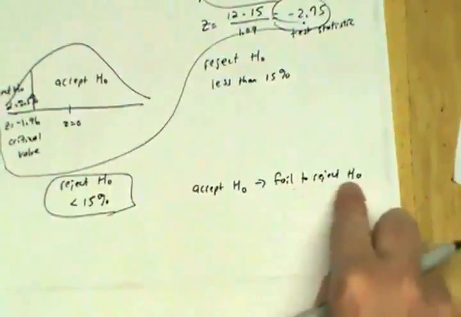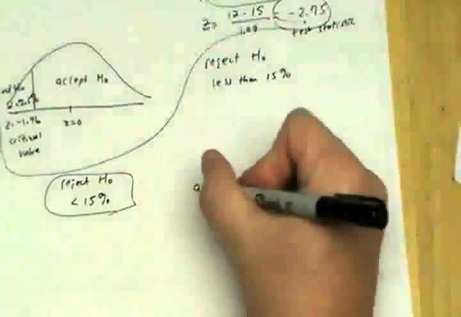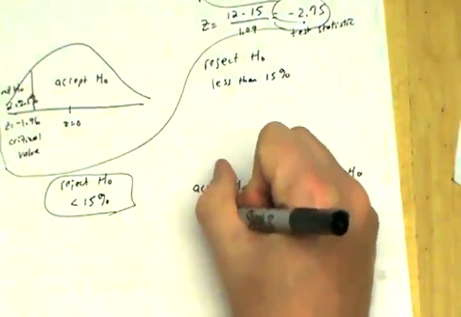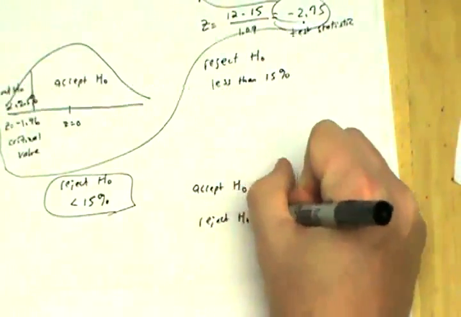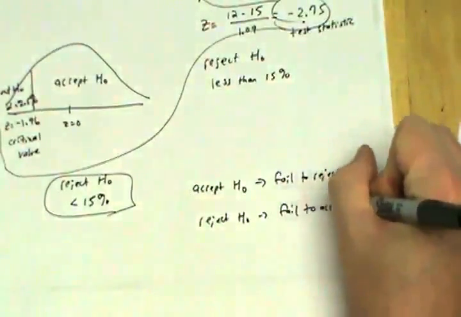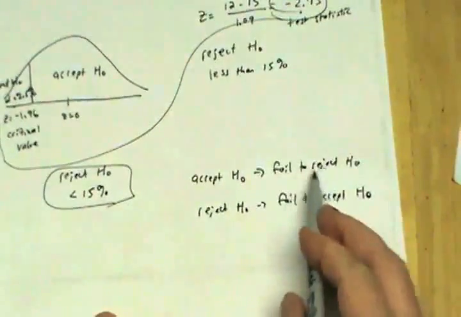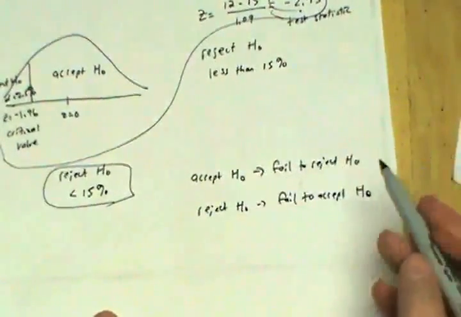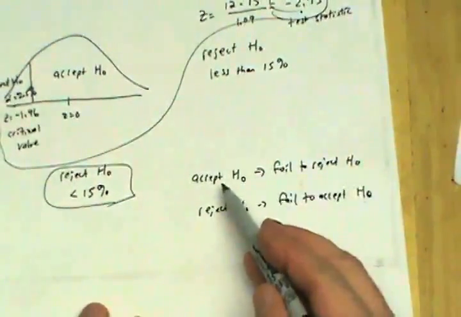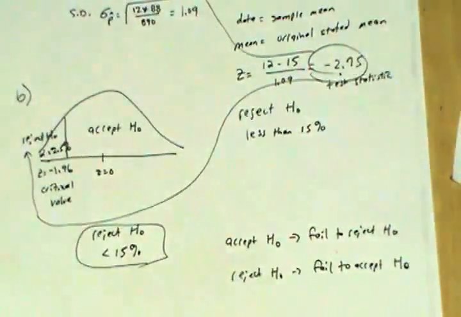I just don't really like that terminology. I'd rather just use a very straightforward accept H0. And then if we conclude reject H0, that's fail to accept H0 in most textbooks. But in my teaching, I don't like to use this, fail to reject, fail to accept. It seems too obscure, so I'd rather just go straightforward, accept H0, reject H0. For these two examples, they're both reject H0.